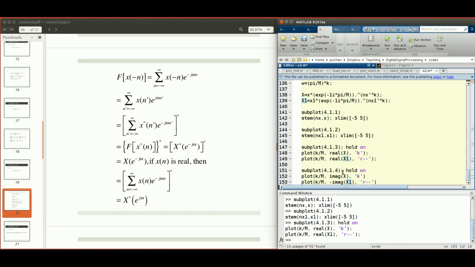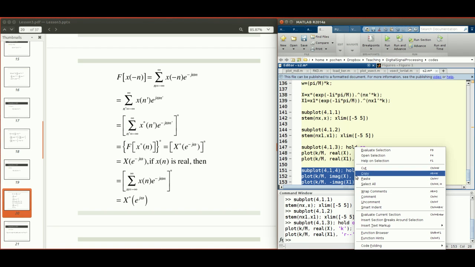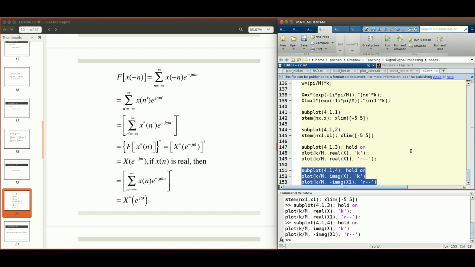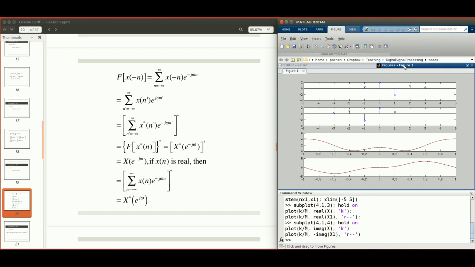If those two are identical, then the red dash line should be right on top of the black line, which means the imaginary part of big X equals the minus imaginary part of big X1, right? That proves it, because conjugation just means the imaginary part differs by a minus sign, and the real part is exactly the same.